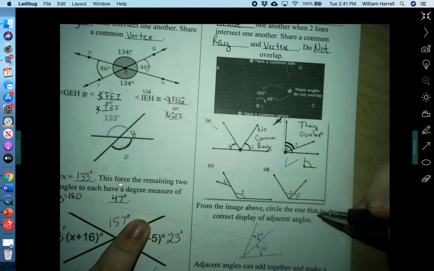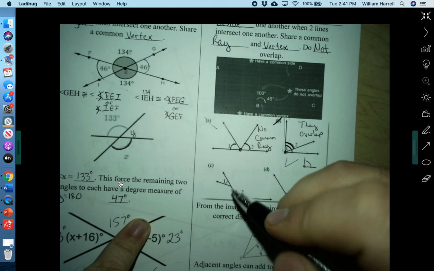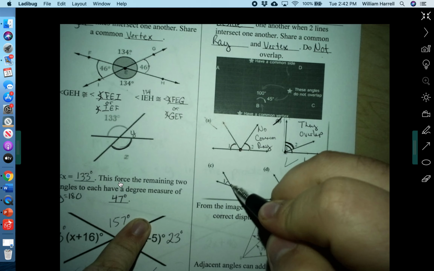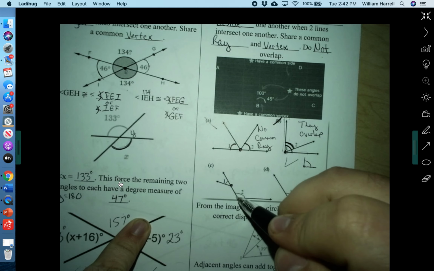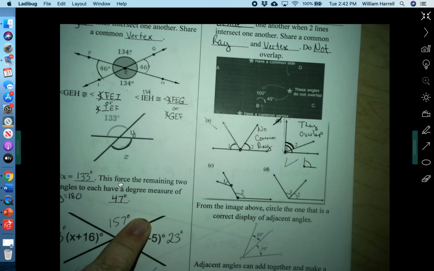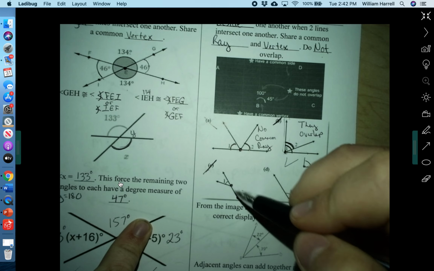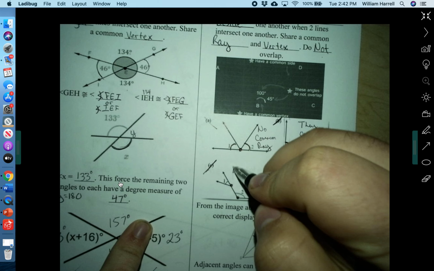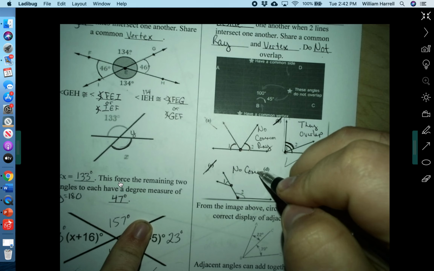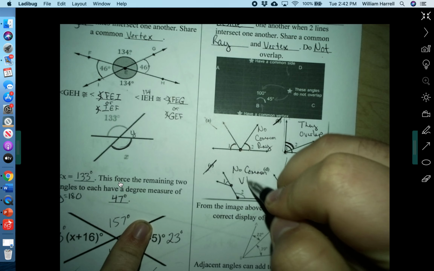What about C? In C, angle 1's vertex is here. Angle 2's vertex is here. That automatically lets me cross these off because they don't share a common vertex. So no common vertex.